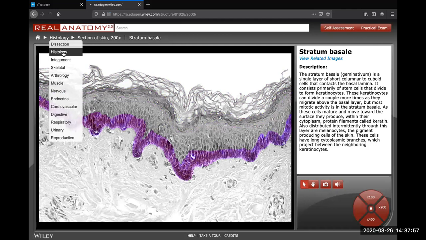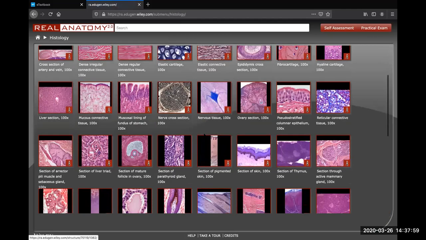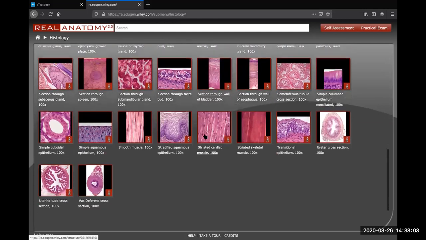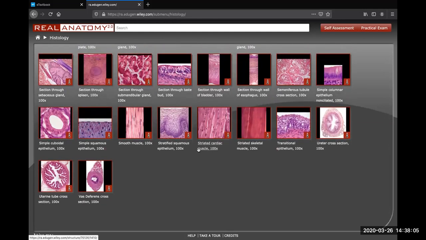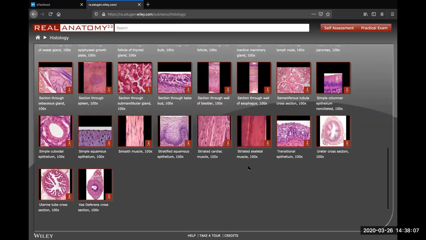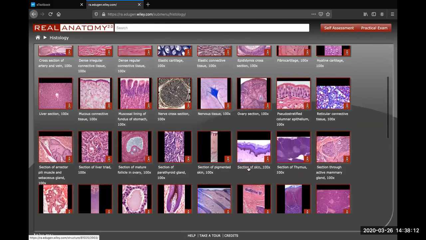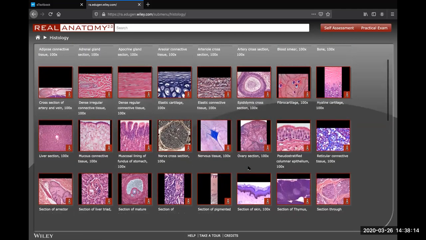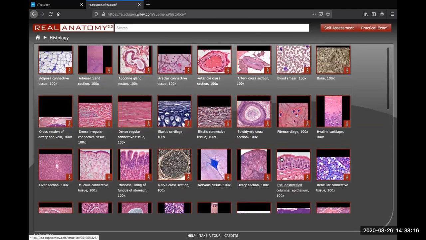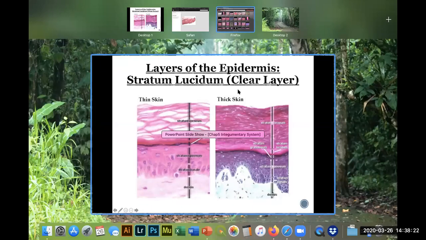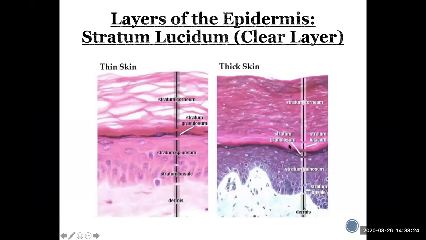Let's see if we can find stratum lucidum in one of these other ones. Maybe, maybe not. Okay, well, maybe not. All right, so I may not have a good picture of stratum lucidum for you besides the one in the actual PowerPoint, which is here.